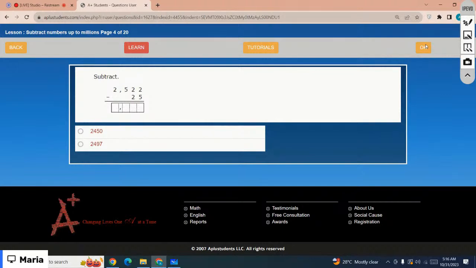That would be then 12 minus 5 is 7. The correct option is 2497. Option number 2 is the correct option. Very good.